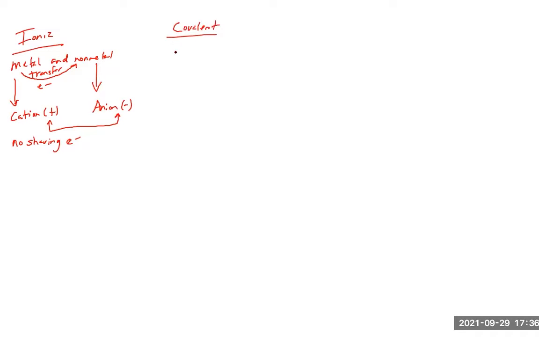It's between two nonmetals. Because they are both nonmetals, they are both going to be in the same location on the periodic table, which means in terms of their electrons, they are going to have very similar properties. Basically, nonmetals want to hang on to their electrons.